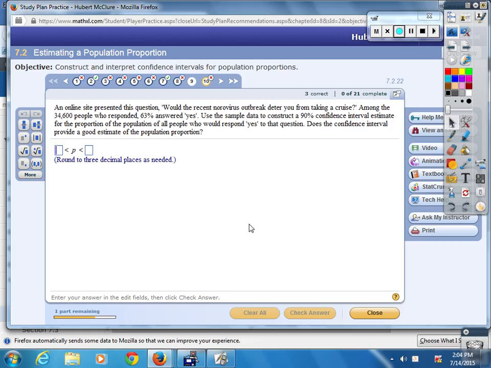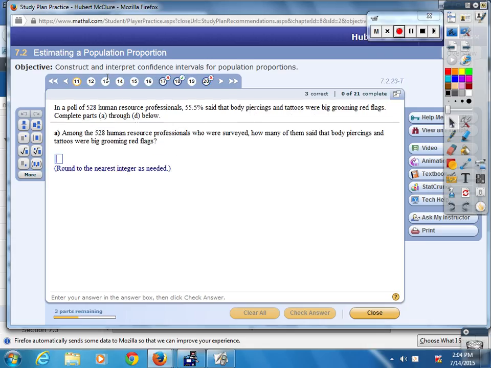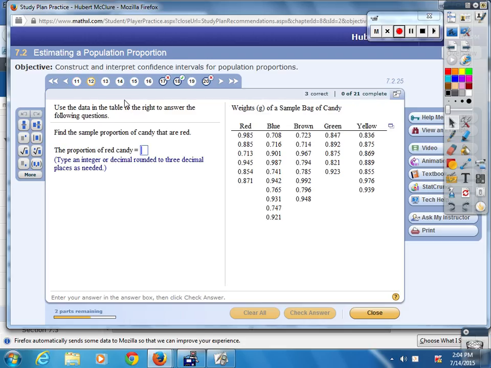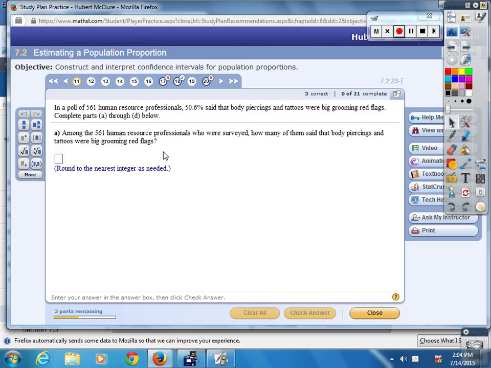Ratio, percentage, or decimal? Percentage. So what is Q? Well, P is 0.63. What is Q? 0.37? Yes, class, that's right. All right, let's do another one. Let's see. Here's one. What about this one?